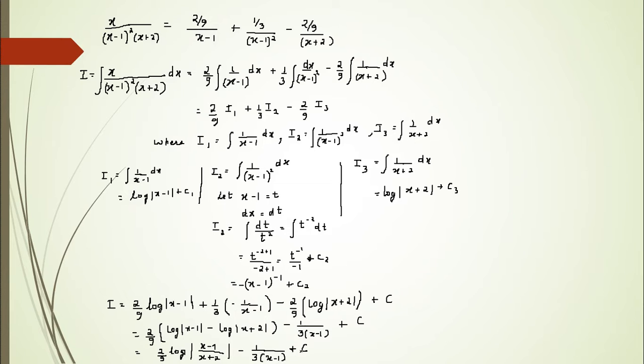Now let us do one more example, and this will make things clearer. The next sum is I is equal to integral of 2x minus 3 divided by x square minus 1 into 2x plus 3. Now children, we see in the denominator we have x square minus 1, so this can be further factorized.